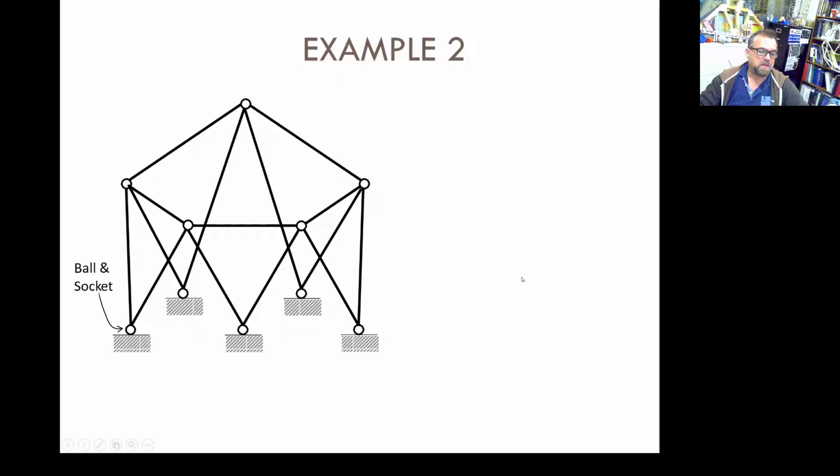What about here? There's a bunch of things here. How many reactions? 1, 2, 3, 4, 5 times 3, 15 reactions. How many joints? 1, 2, 3, 4, 5, 6, 7, 8, 9, 10. How many bars? A bunch. 1, 2, 3, 4, 5, 6, 7, 8, 9, 10, 1, 2, 3, 4, 5, 15.